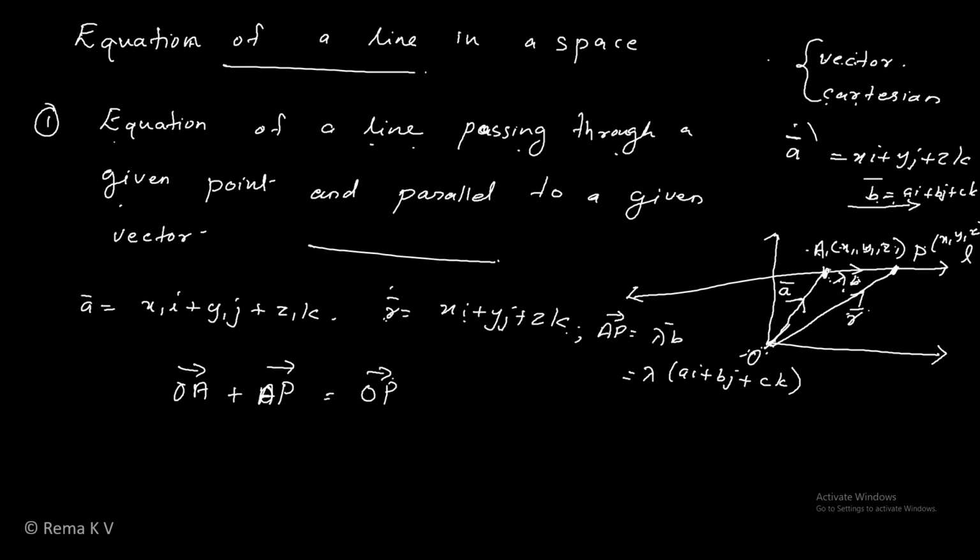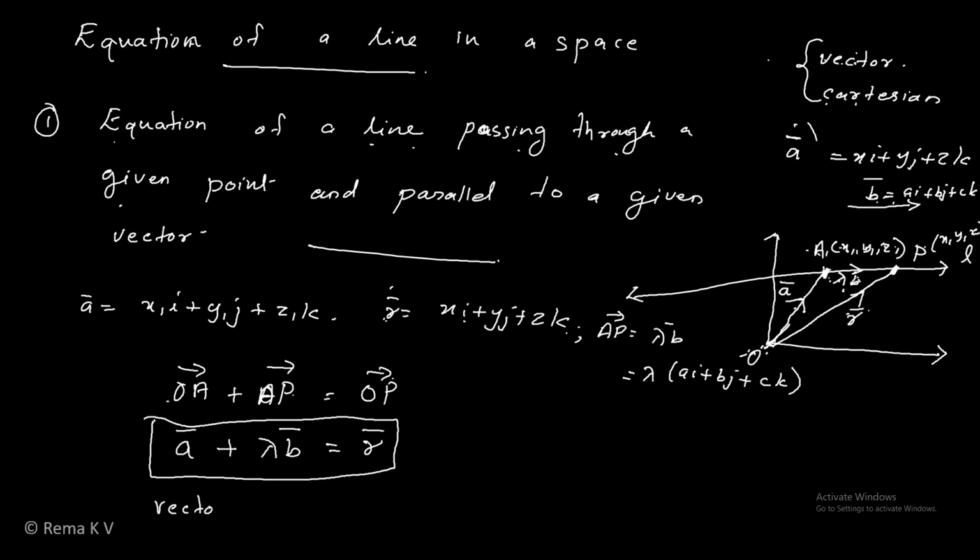OA, its terminal point is A. From there, AP is the vector. Then by adding these two, the resultant vector is OP. OA is vector A plus AP is lambda vector B. This is equal to vector R. This is the vector form of a line.